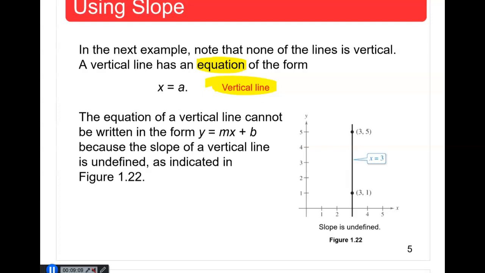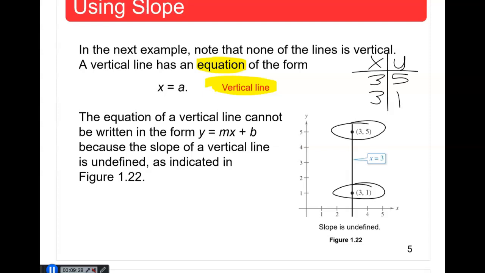So if, for example, I was to use those 2 points and create a table of values of x and y, you could see that for both of those points, when the x is equal to 3, the y values are different. We have 5 and 1. And so in that case, the value for y is irrelevant.